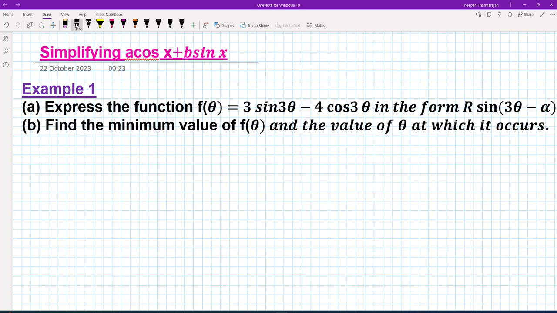Okay, welcome back. So we first of all need to write down the identity for sine(A minus B).